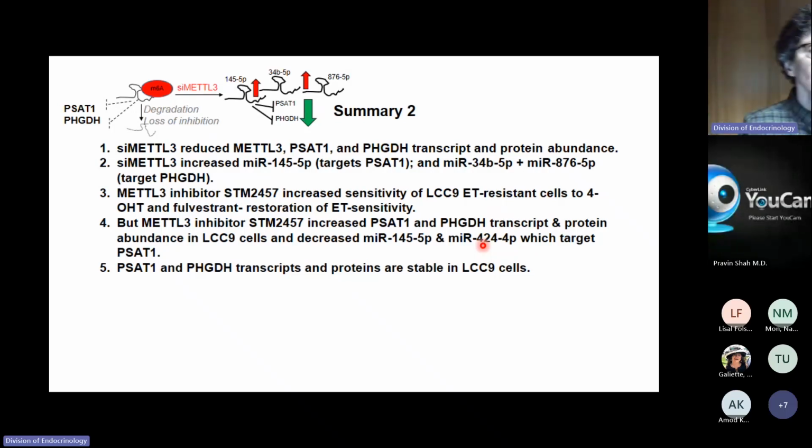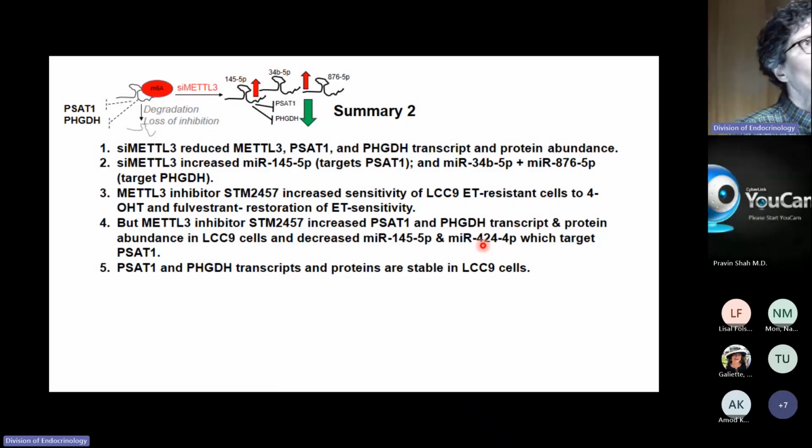But that same metal-3 inhibitor, STM2457, increased PSAT1 and PHGDH transcript and protein abundance in the LCC9 cells and decreased miR-145-5p and miR-424. We were unable to detect miR-876-5p and miR-34b-5p, which target PHGDH, in the STM2457 treated cells.